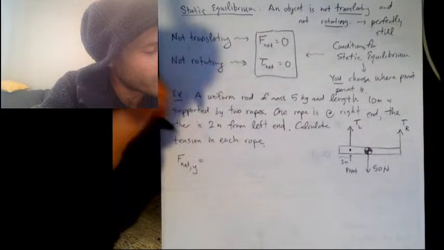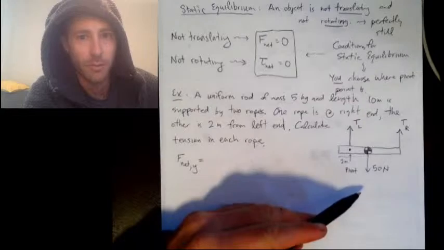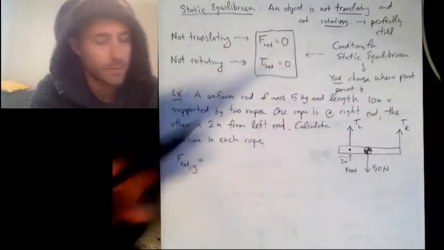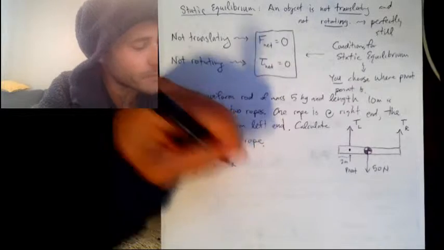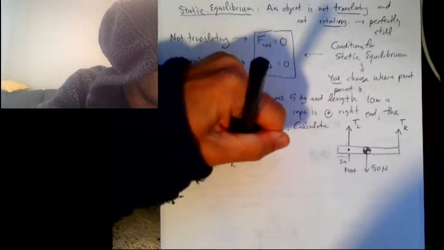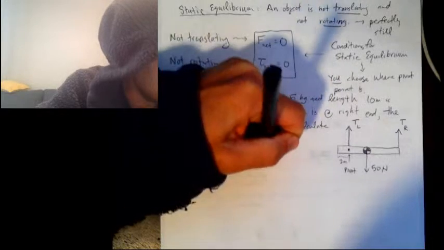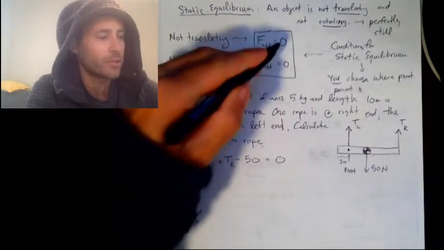The net force in the y direction is going to be my up forces minus my down forces. So I have 2 up forces, TL plus TR, and 1 down force, which is 50. So minus 50. And that has to equal 0.